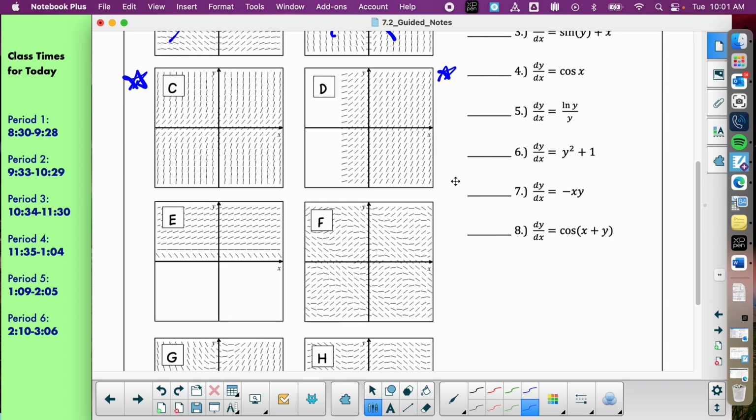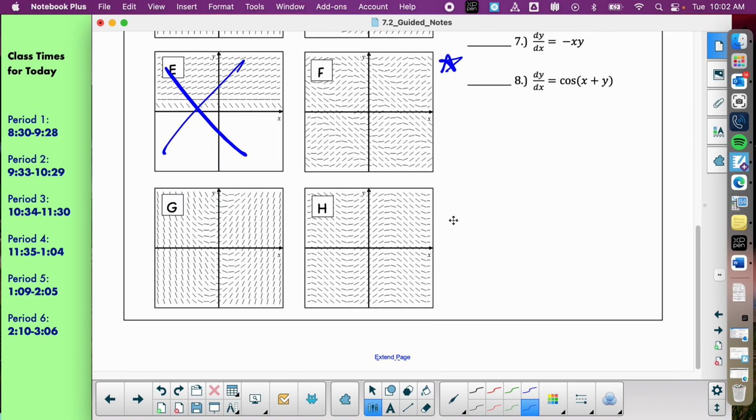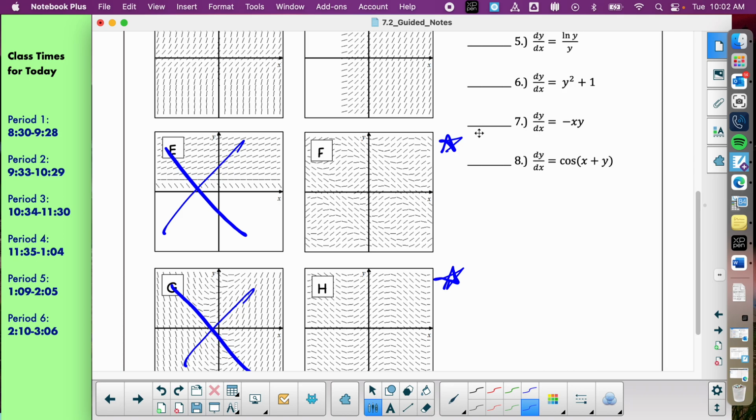E is a definite no. There's nothing there. F, wow, that is a crazy looking one. I'm assuming it's trig because it kind of goes in waves. But it is a slope of 1. G is not 1. It looks like it probably is flat. H at 0, 0 is 1-ish. Okay, so we eliminated half of them.